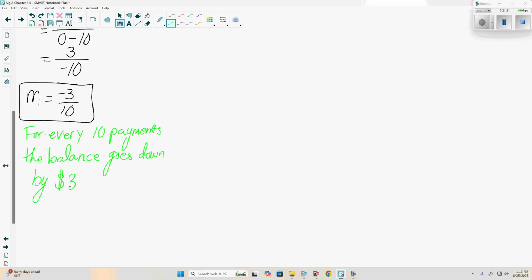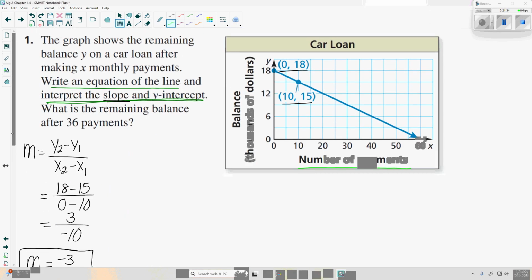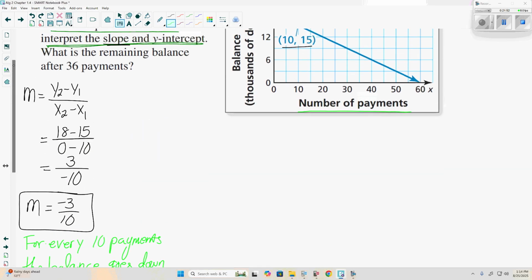That doesn't seem quite right, because it feels like it should be more than that, yes? Well, let's see what the chart told us. Because it is balanced in what? Thousands of dollars, yes? So the balance is going down by 3, but it's actually what? 3,000.